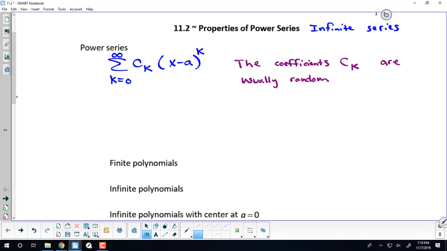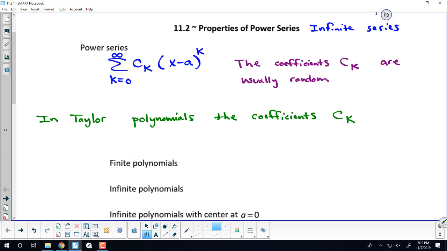But we should also remind ourselves that in Taylor polynomials, the c sub k, the coefficients, weren't random, right?